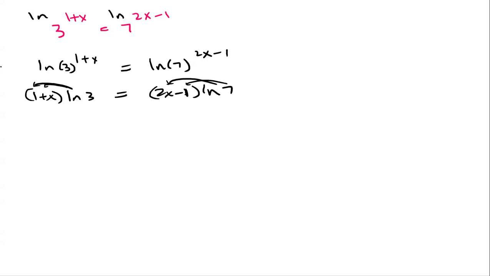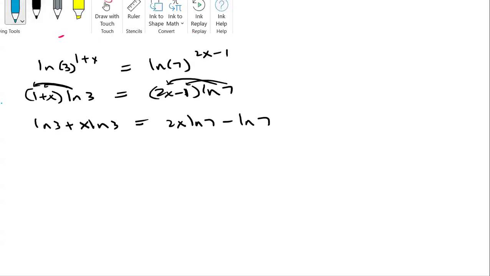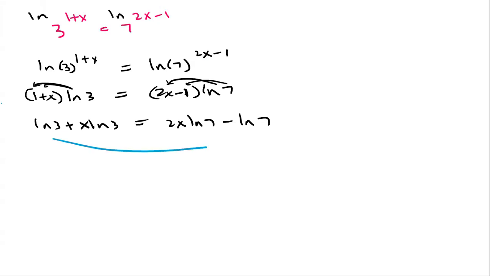And we get 1 times ln of 3 is just ln of 3 plus x ln of 3. And then we have 2x ln of 7 minus ln of 7 times 1 is still ln of 7. Okay. And then we're going to rearrange our terms. So in this case, the ln of 3, we're going to move to the right, and then 2x ln of 7.